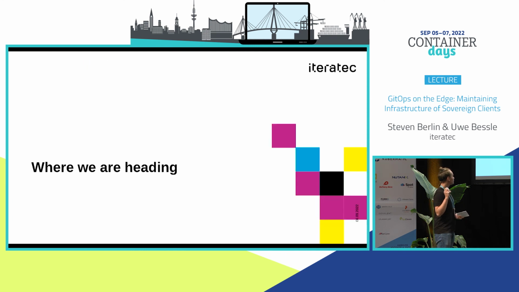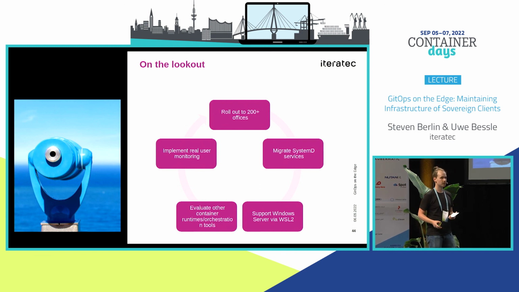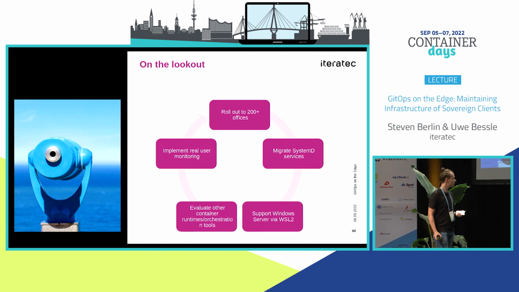What are things we want to still keep doing or start doing? Of course, we want to roll out the setup to more locations. We want to migrate the systemd service to containers. We want to maybe support Windows. We will need to have a talk about that, of course, because it will be a little more difficult.